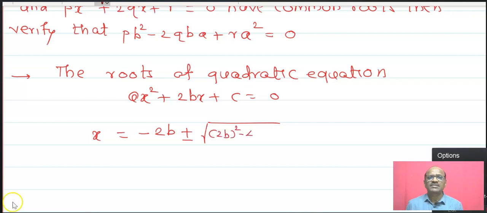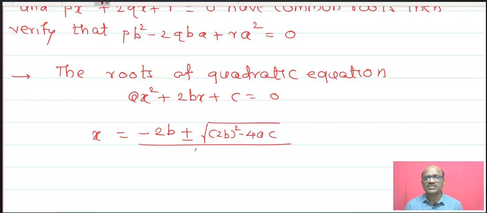What is the basic formula? Ax square plus bx plus c is equal to 0, then x is equal to minus b plus or minus root of b square minus 4ac, but here b is 2b, therefore we take here minus 2b plus or minus root of 2b square minus 4ac upon 2a.